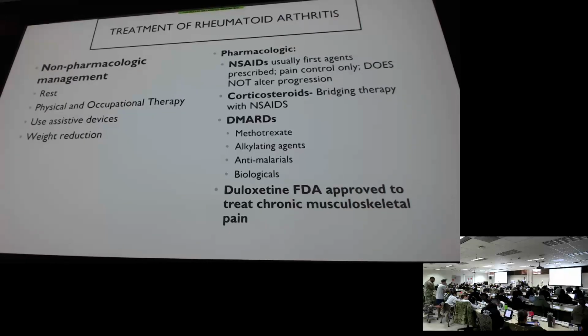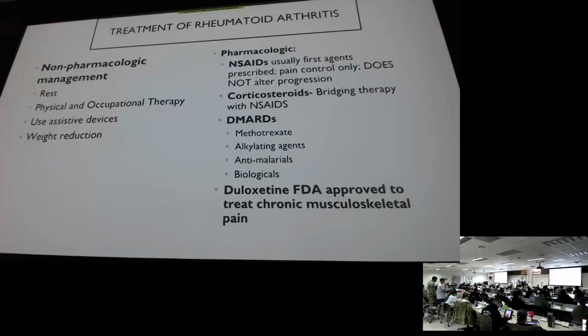And then pharmacologically, for pain, we're going to use the NSAIDs, which are usually the first agents that are going to be prescribed for the pain. Once again, all capitals. But it does not alter the progression. We're only treating pain with the NSAIDs. Corticosteroids we can use as a bridging therapy with the NSAIDs to get the inflammation down quickly. Usually we're talking oral here.